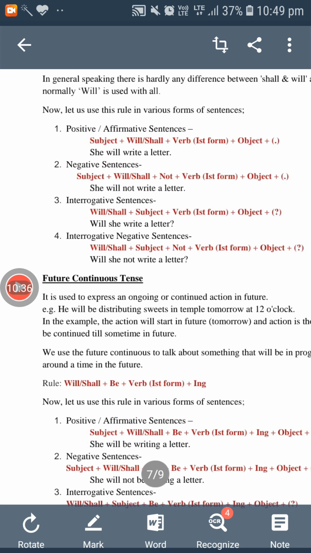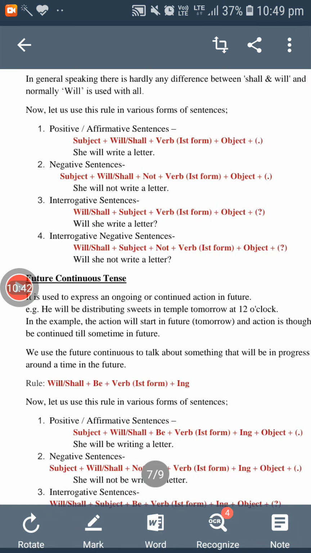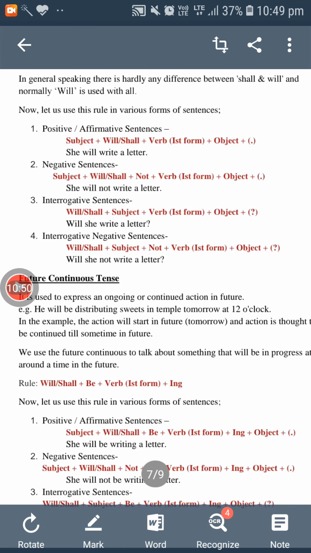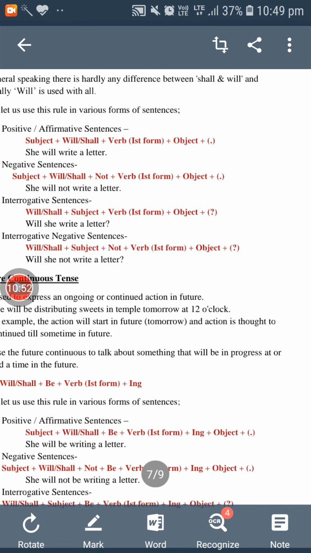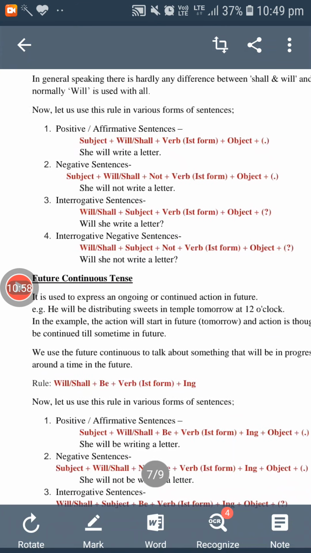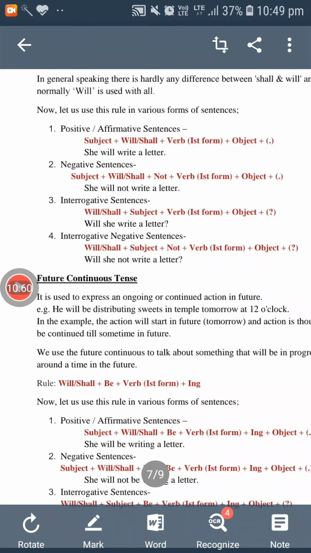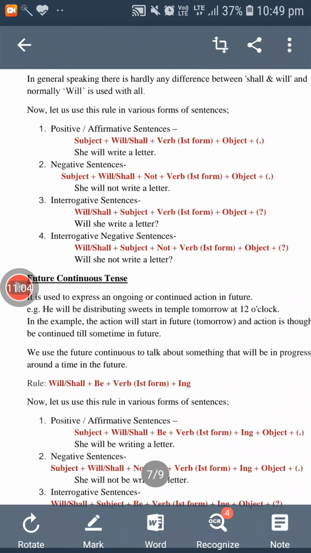Now coming up to future continuous tense, it is used to denote an ongoing or continued action in the future. He will be distributing sweets in the temple tomorrow at 12 o'clock. In this example, the action will start in the future, tomorrow, and is thought to continue for some time. So: will/shall plus be plus first form of the verb plus ing.